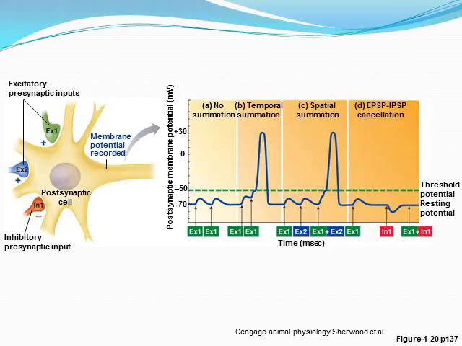But if you also get inhibitory input, that can make it harder for the postsynaptic cell to fire an action potential, and you might cancel out your excitatory postsynaptic potentials. You can see here, with just this very simple example of one postsynaptic cell and 3 presynaptic cells, that we've got a complicated system.